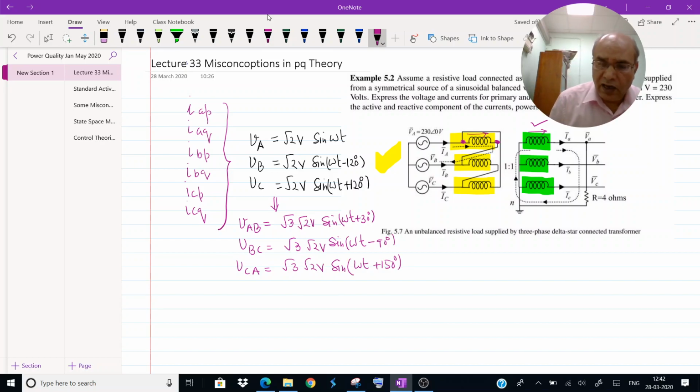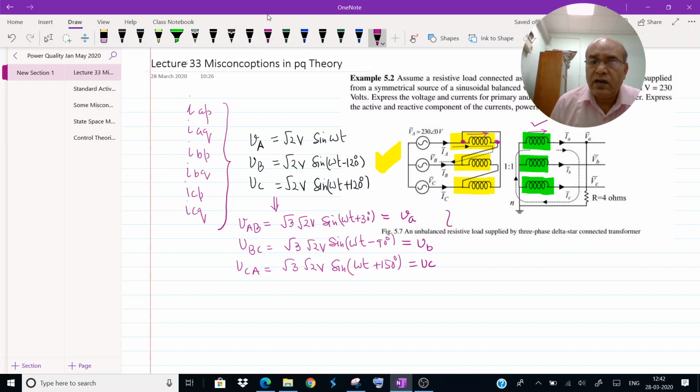These are the line to line voltages, and these will appear as the phase voltages on the secondary side. So obviously you can see that this is nothing but va, this is vb, this is vc.